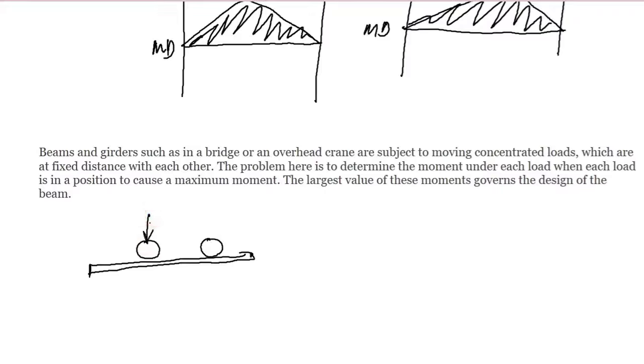So here, itong wheel load natin is considered as a moving load, and of course this has fixed distance with each other. Wala ka namang sasakyan nakikita na nag-iiba yung distance ng pagitan ng dalawang gulong.